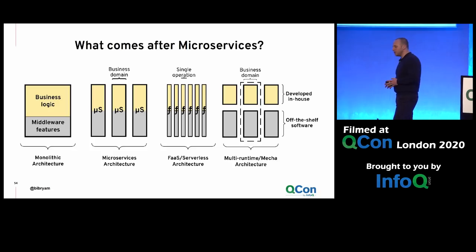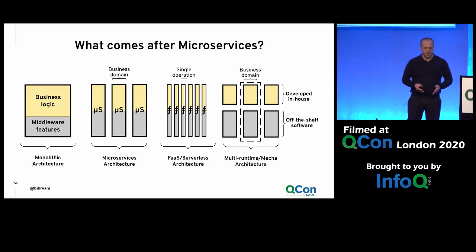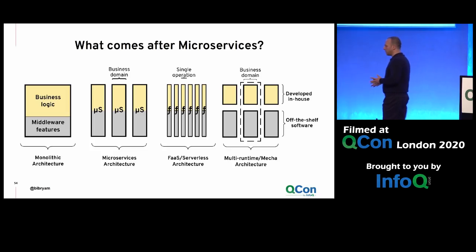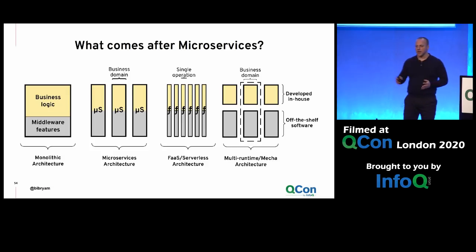We started with monolithic applications, and microservices gave us the guiding principles on how to split a monolithic application into separate business domains. After that came serverless and function as a service, where we said, okay, we can split those further by operation, and this gives us the ability for extreme scaling, because we can scale each operation individually.